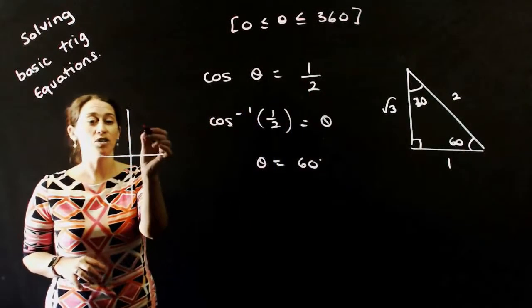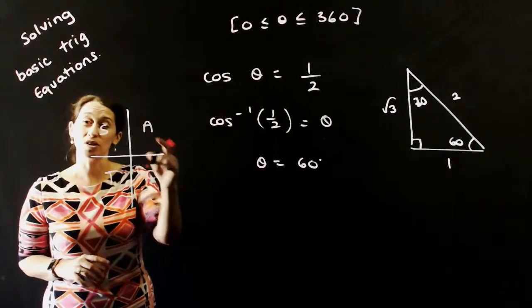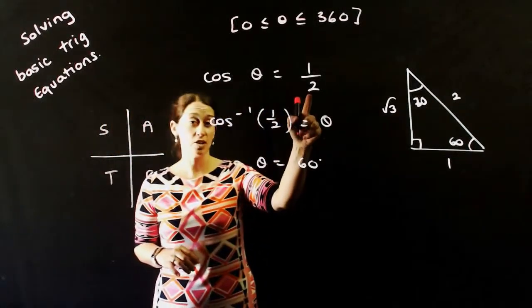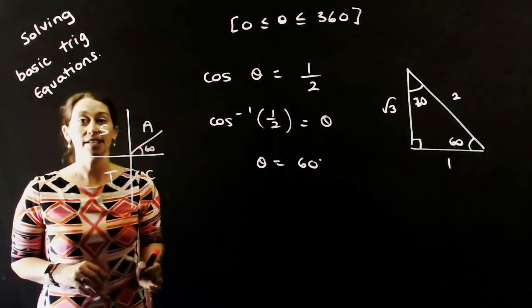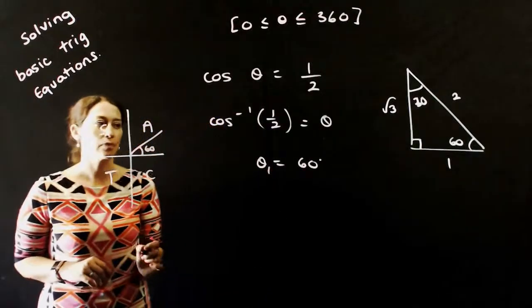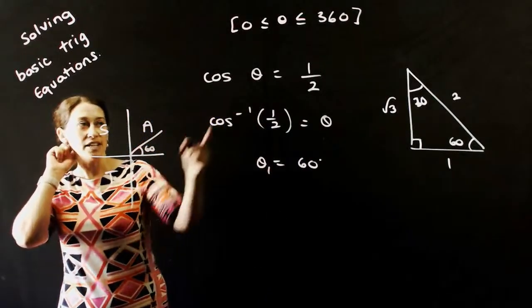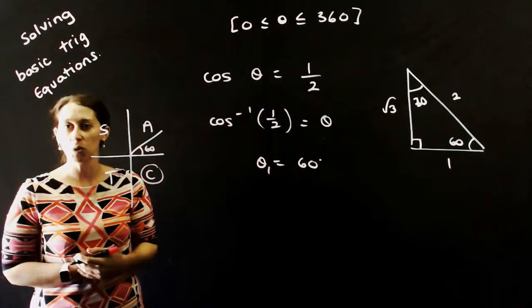So looking at this, I want to go all the way around the unit circle. We understand that in the first quadrant, cos is positive. We are looking to solve for a positive. So therefore, this 60 degrees is our first solution. Going all the way round, we need to look at where else cos is positive. Cos is also positive in the fourth quadrant.